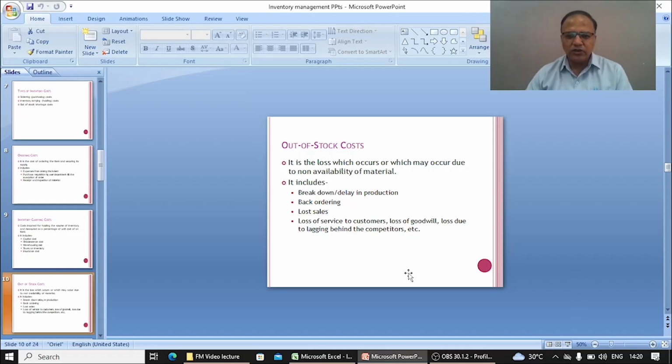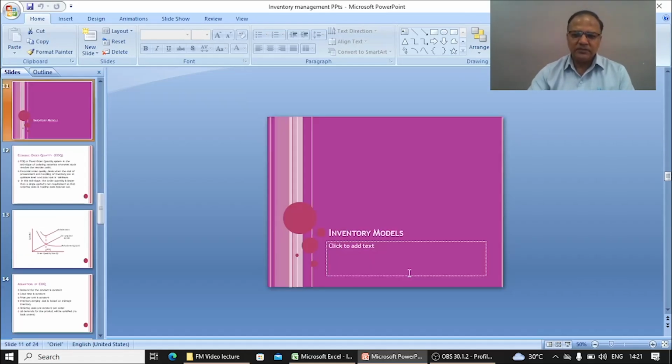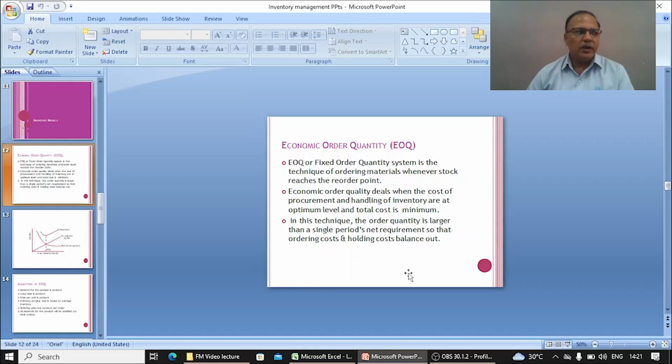The costs of a stock-out include breakdown or delay in production, back ordering, lost sales, loss of service to customers, loss of goodwill, loss due to lagging behind the competitors, etc. So these are the different parts of out of stock cost. Now let's talk about some models.